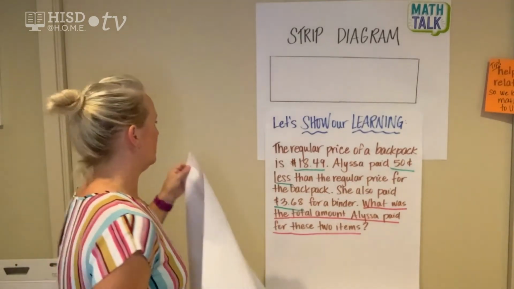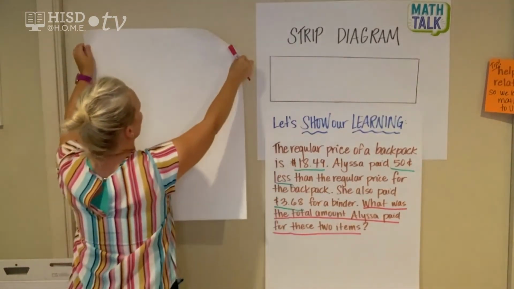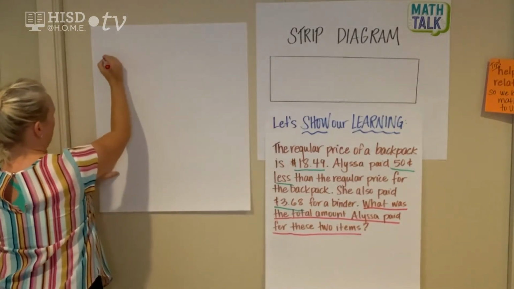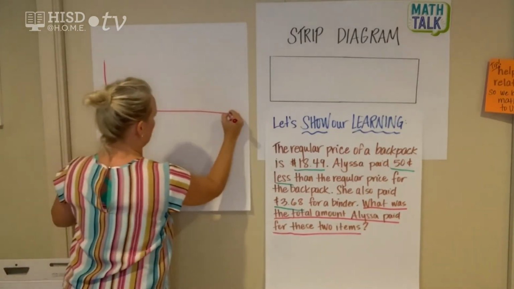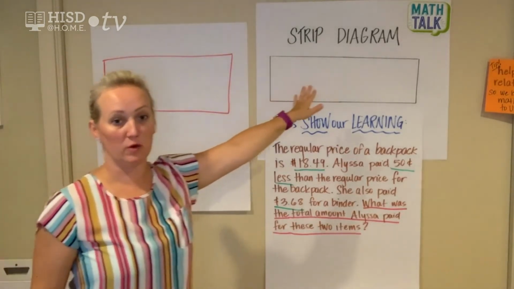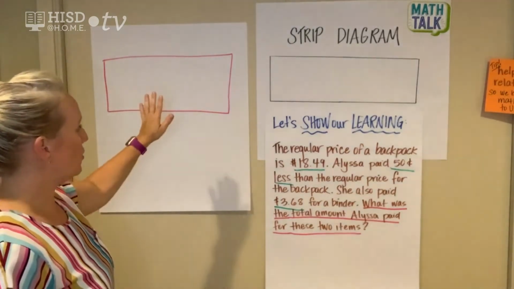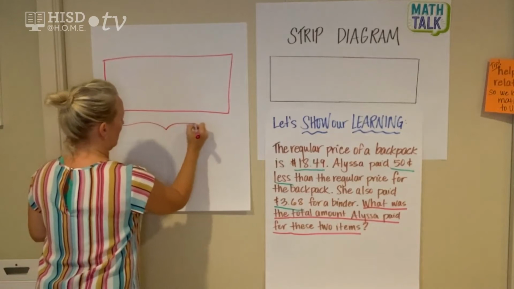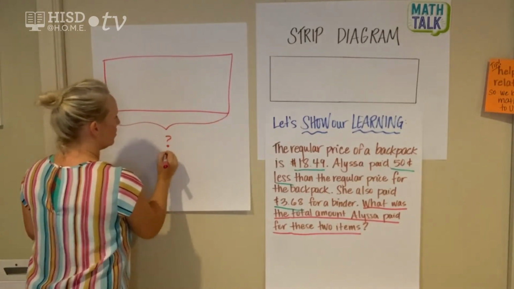Okay, so we want to know... drawing another strip diagram here, and we're going to use that one for the other problem. So the total amount she paid, we don't know.